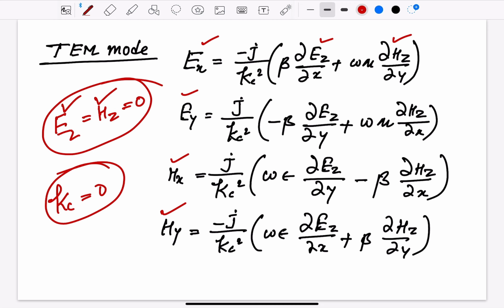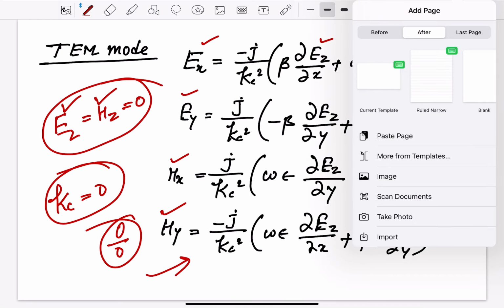The moment the cutoff wave number kc is 0, you will see that it forms a 0 by 0 form. This is an indeterminate form, and this results in the transverse field components. So this is one basis by which one can get these transverse field components. Now let us see what this zero-valued cutoff wave number yields.